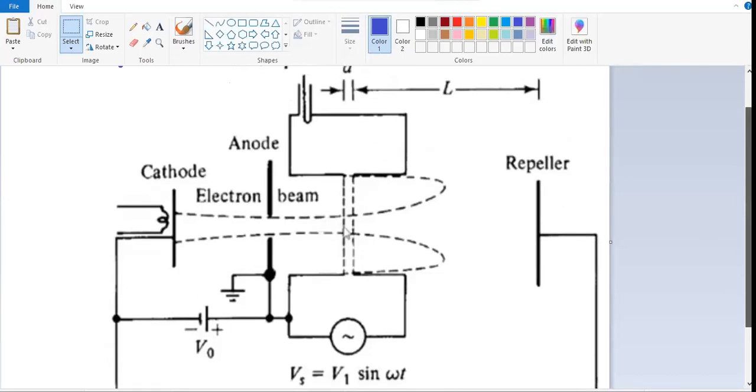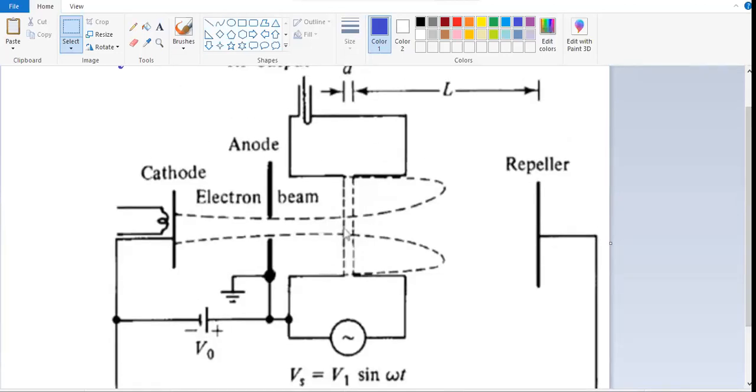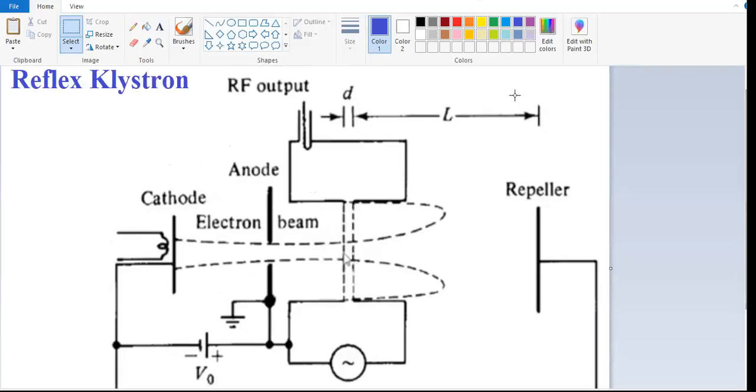Now, how does it work? The functioning is simple. Here you have your electron gun, where electrons are generated.